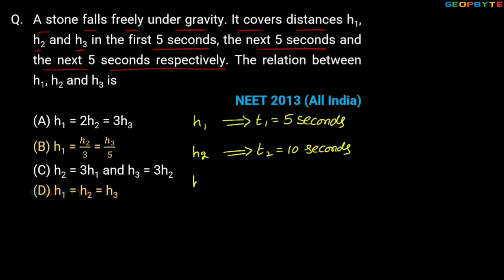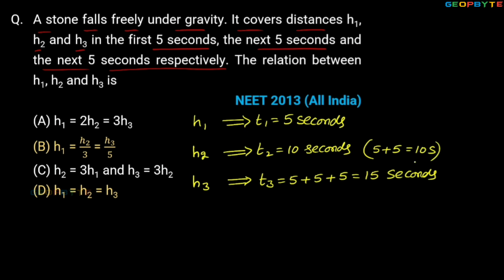Next, h3 is the distance traveled in the other 5 seconds, meaning t3 equal to 5 plus 5 plus 5, that is 15 seconds. We are asked to decide the relation between h1, h2 and h3.